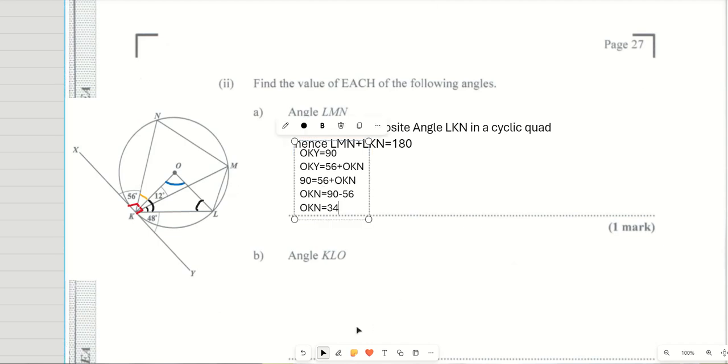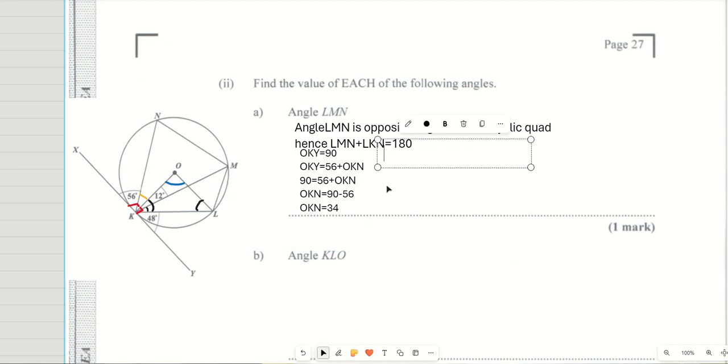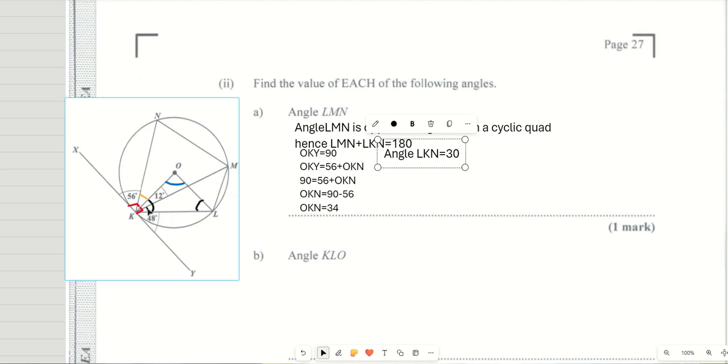Now that we have found out that OKN is 34, we can now say that angle LKN is equal to 30, that's this angle right here that we found out above, plus 12 plus 34.